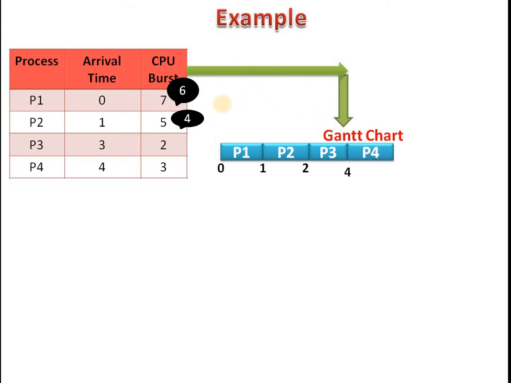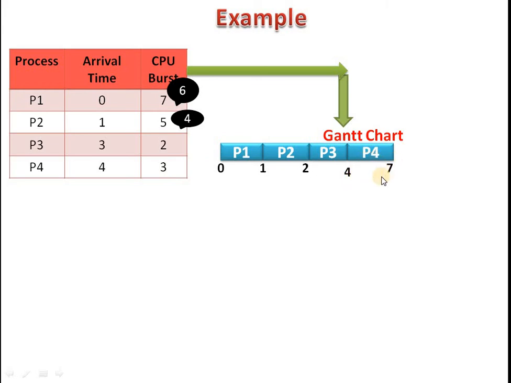P3 has total CPU burst time 2, so 2 plus 2, it's 4, and then P4 will get executed because as compared to P2 and P1, its CPU burst time is small. So P4 will continue execution. Its CPU burst time is 3. So 4 plus 3, it's 7.